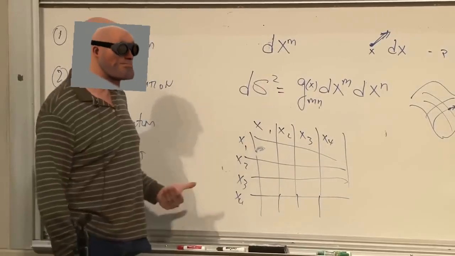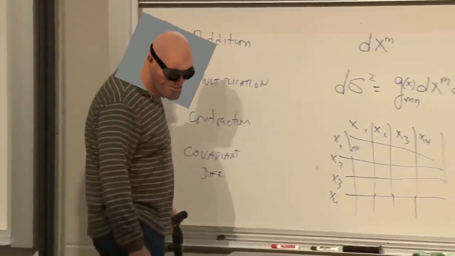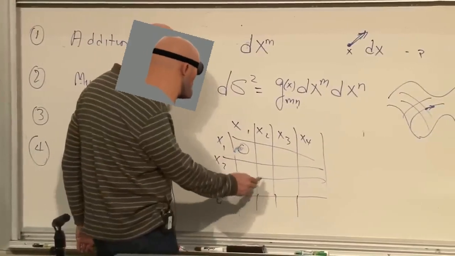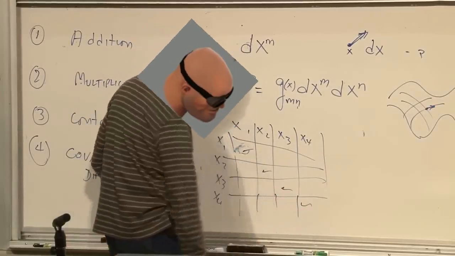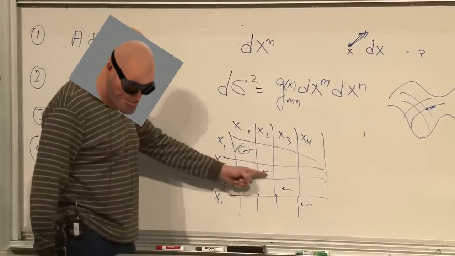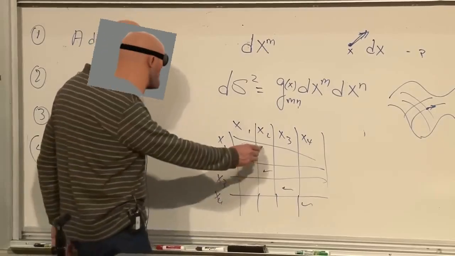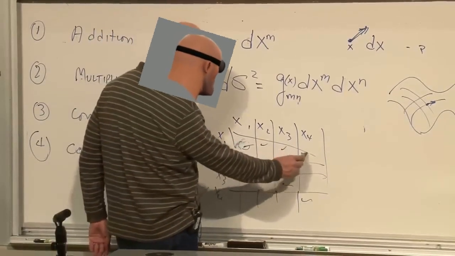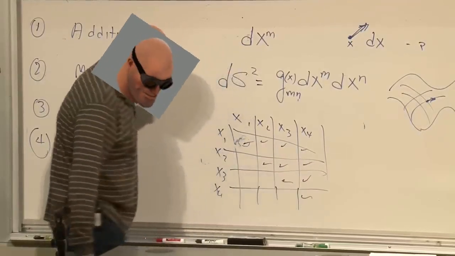They both multiply dx1 times dx2. So we have an element here, an element here, an element here, an element here. That's dx1 squared, dx2 squared, dx3 squared, dx4 squared. We have the 1,2 element, the 1,3, the 1,4, the 2,3, the 2,4, and the 3,4.